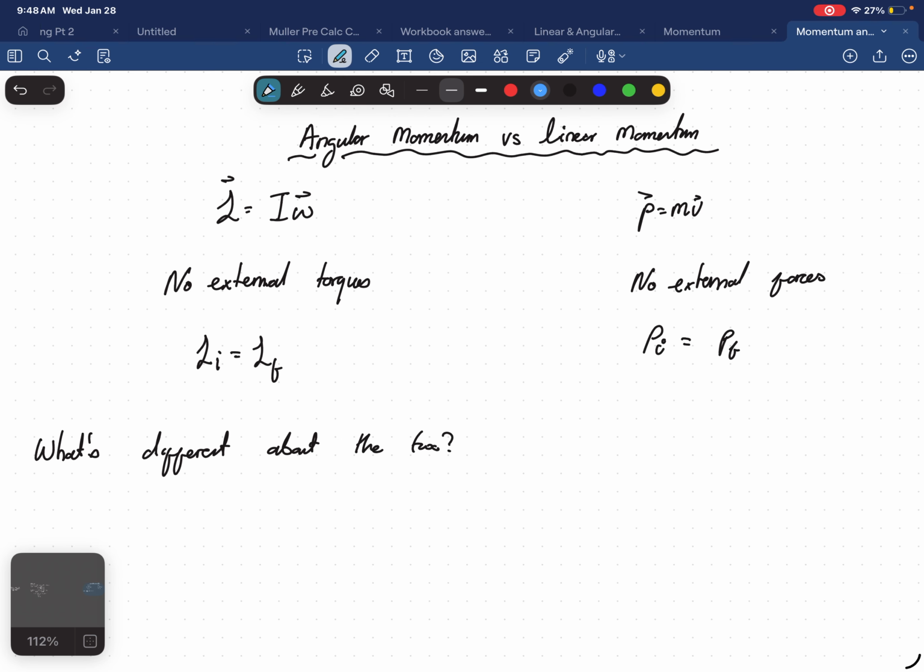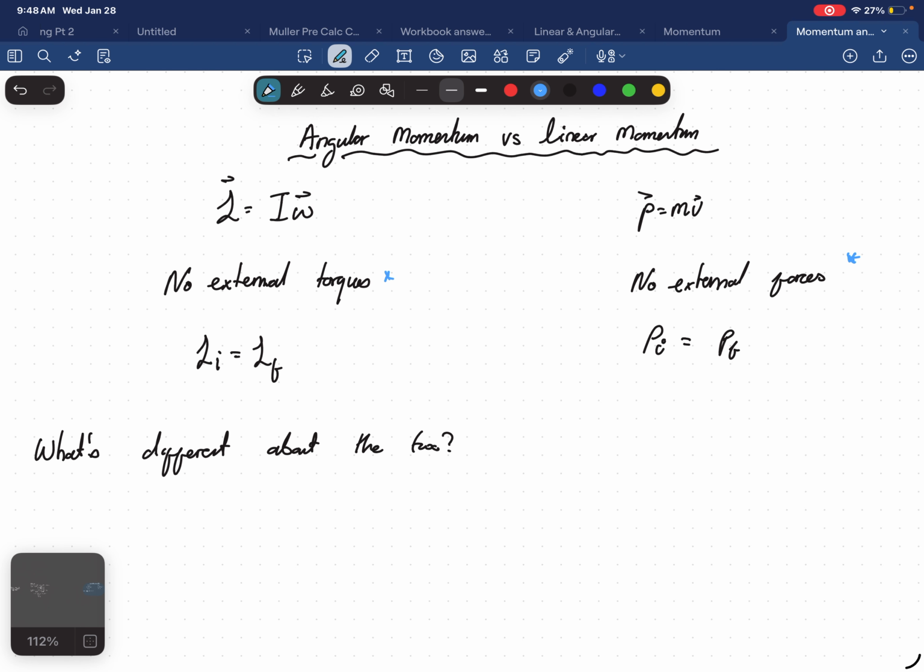Angular momentum, L, equals inertia times angular velocity, and linear momentum equals mass times linear velocity. The condition for angular momentum to be conserved is no external torques, and for linear momentum to be conserved it's no external forces.